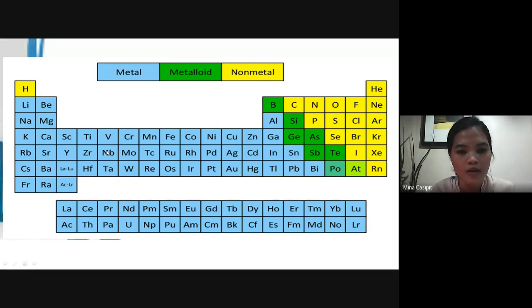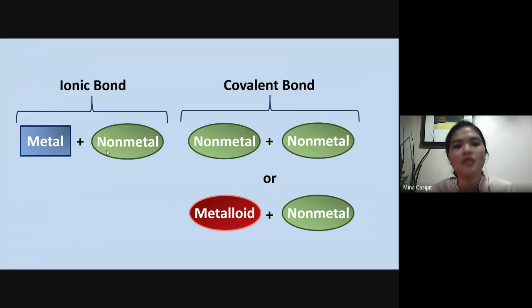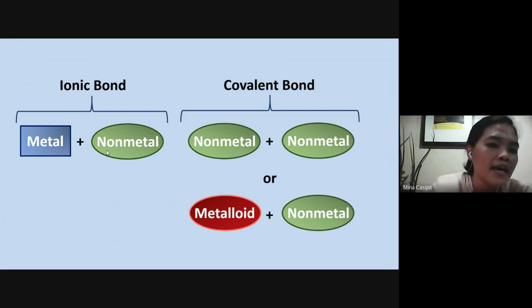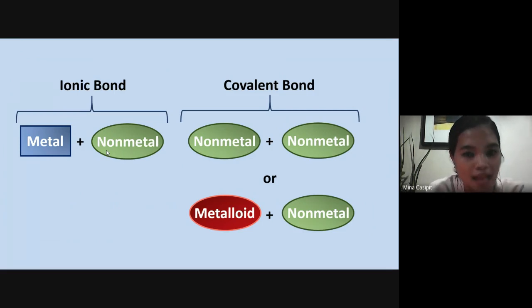Opo. Okay, thank you. So, ionic compound is being bonded by ionic bond. Yung ionic compound po, class, it is formed when there is a metal and non-metal.